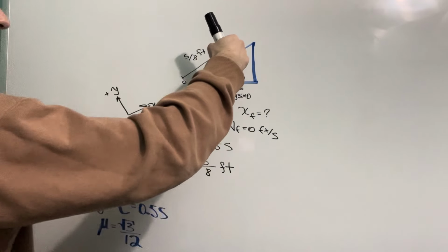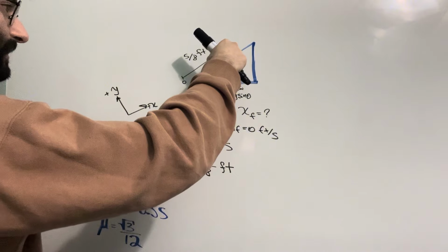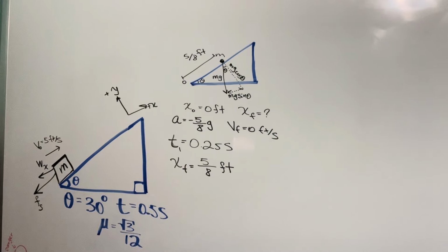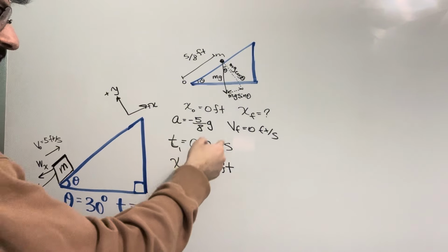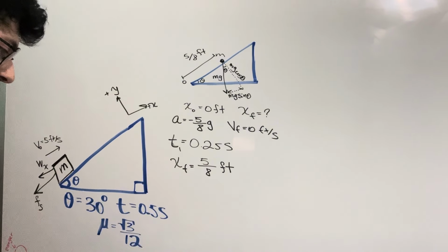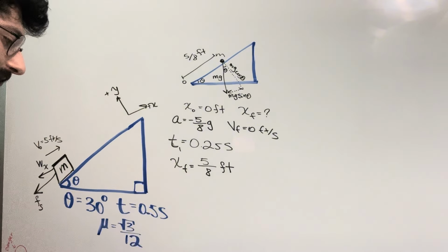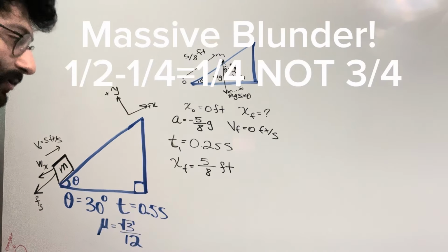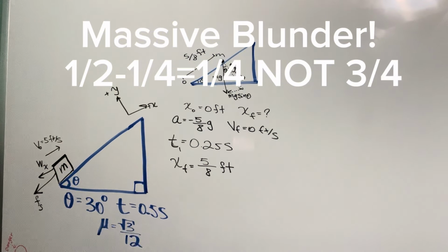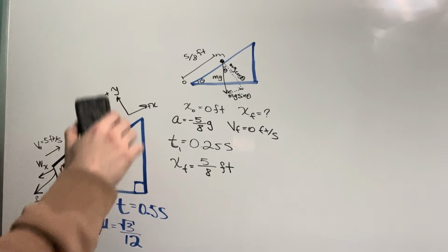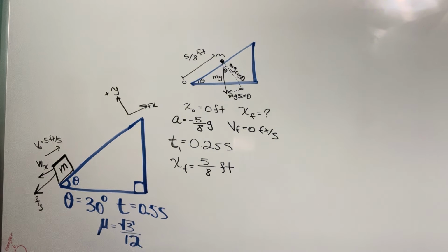Now the acceleration due to gravity is going to slide the block back down. We want to see where it's going to be in the remaining time after 1/4 of a second. That is half a second minus 1/4 of a second, which is just 3/4 of a second. So now we set up the second half of the problem.